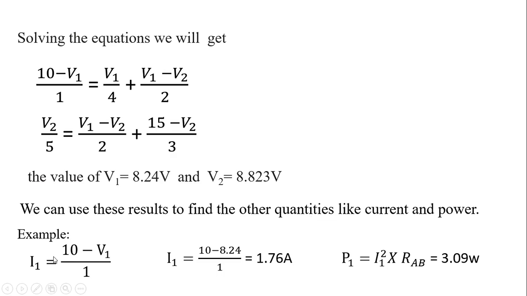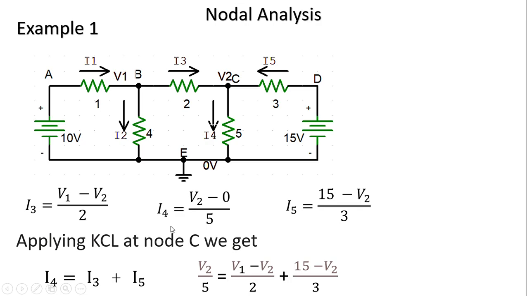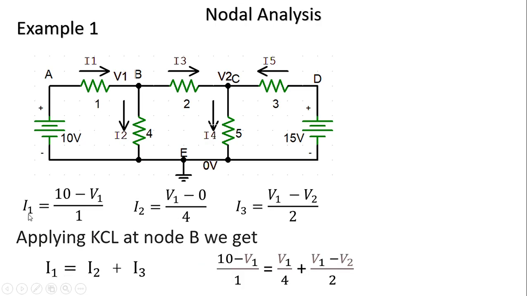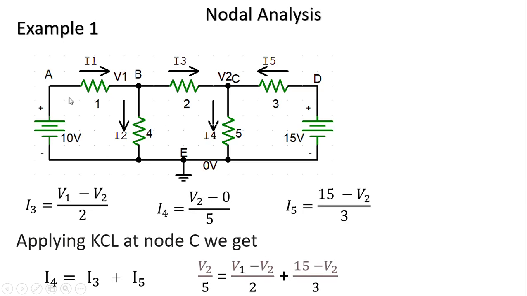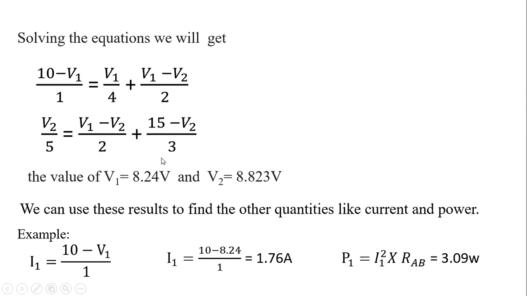For example, we already know I1 is equal to (10 minus V1) by 1. What is the value of V1? 8.24. So (10 minus 8.24) by 1 is 1.76 amperes, which means the current flowing through this 1 ohm resistor is 1.76 amperes.